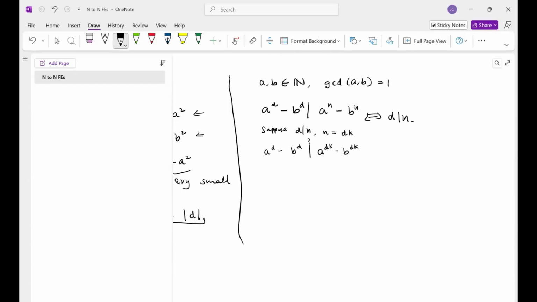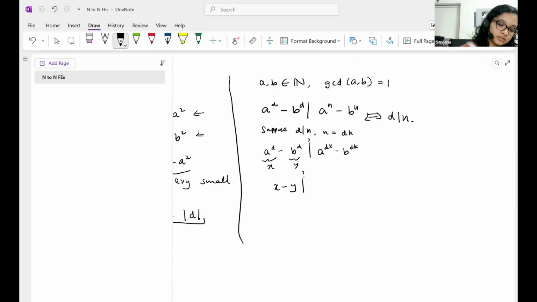Then we can take a raised to d and b raised to d as some variables and apply the factor theorem to it. Sure. So you can take this as some x and this as some y. So what you want to show is x minus y divides x raised to k minus y raised to k.